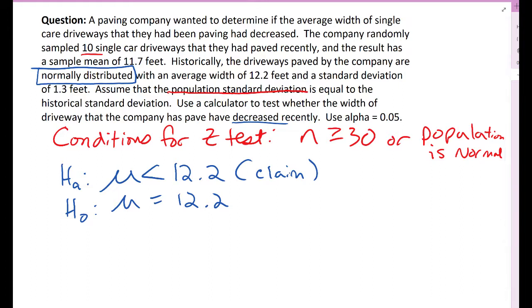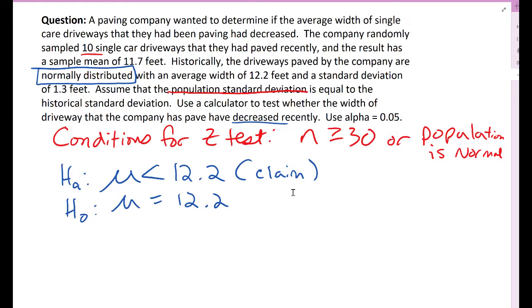Now that we have a population standard deviation and we're testing one mean, we're going to do a z-test. What the z-test does in the calculator is, if you watched the last video, we went through the whole process of finding the test statistic and then used that to find the p-value. Well, as long as you know the following values, we can plug all this into the calculator.